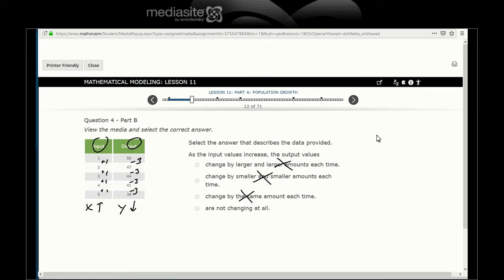This one would have been like a minus 3, minus 2.5, minus 2.0, minus 1.5 type deal. We don't have that. This is actually what we want. Changes by the same amount each time, going down, and not changing at all.